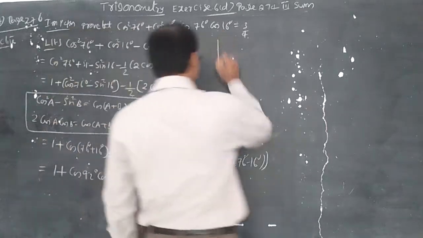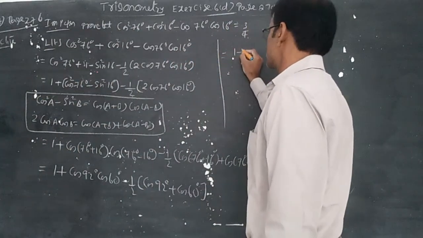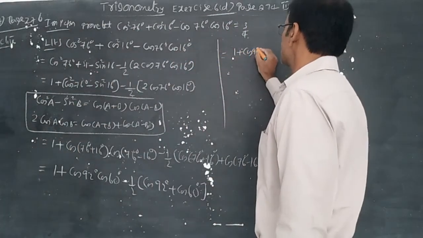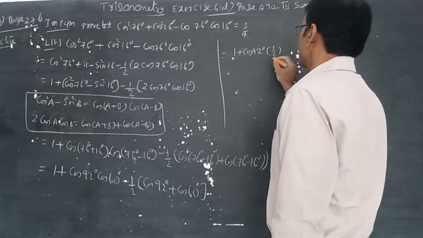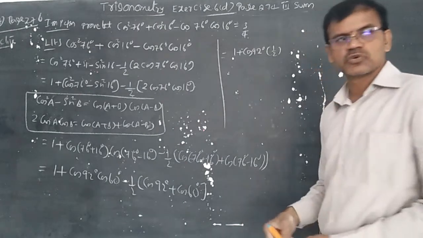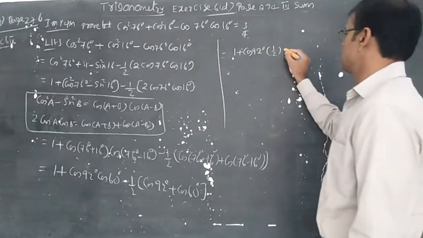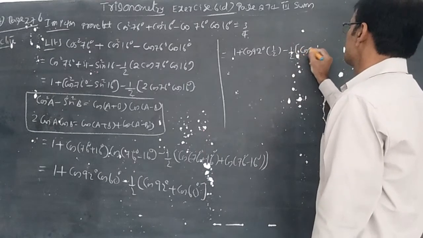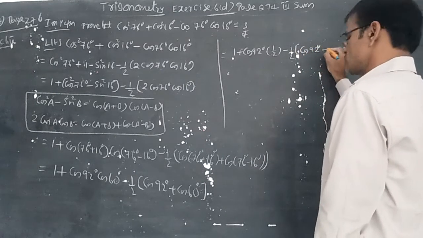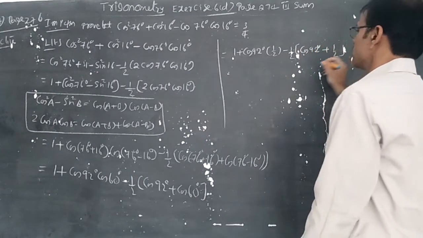That equals 1 plus cos 92 degrees into cos 60, whose value is 1 by 2, minus 1 by 2 into cos 92 plus 1 by 2.